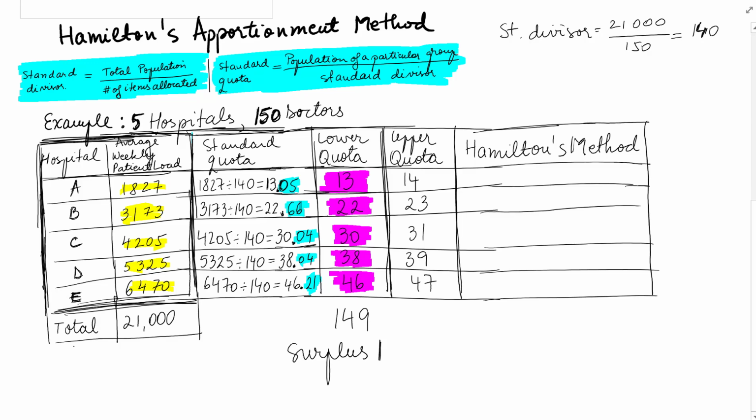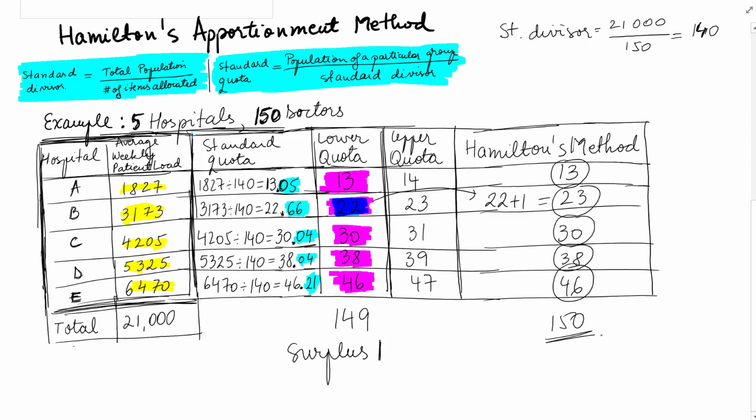So the highest one is this one for hospital B, which means to our lower quota of 22, we are going to add one more doctor. So Hamilton says this was going to be 22 plus 1, 23 doctors are going to go to hospital B, and the other values stay the same. 13 is 13, 30 is 30, 38, and 46. So now if we add up all these doctors, we are actually going to end up with 150 doctors, which we had originally.